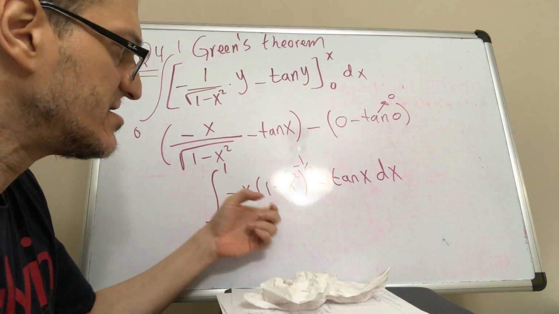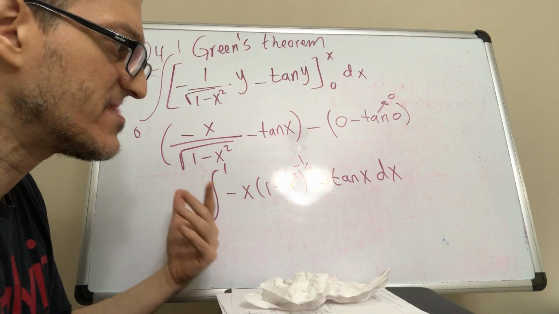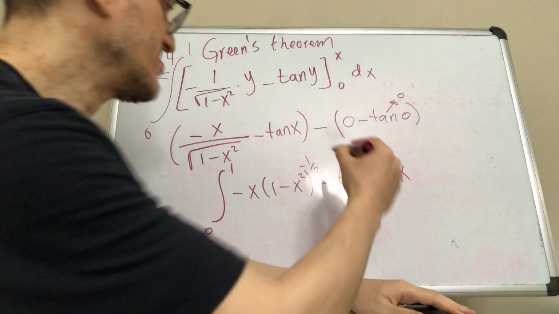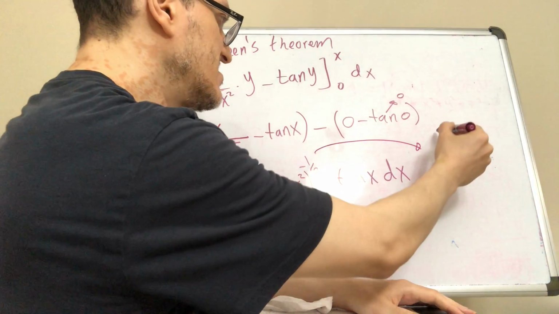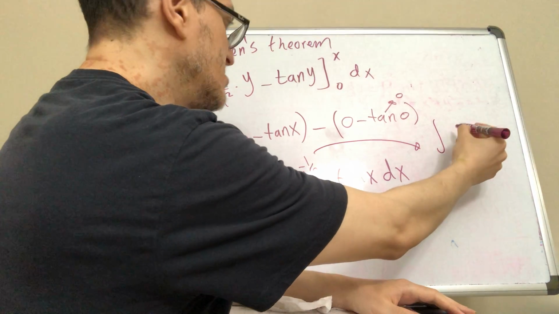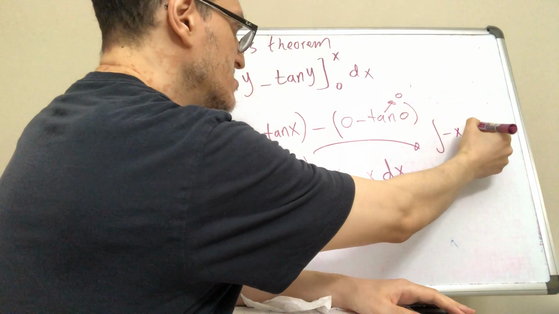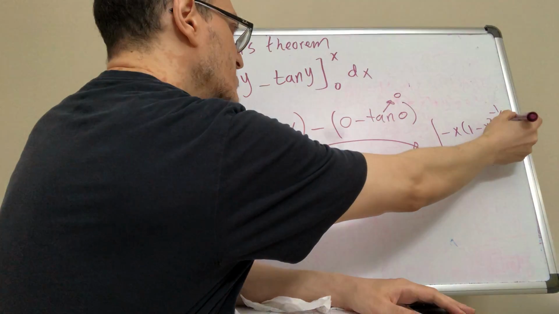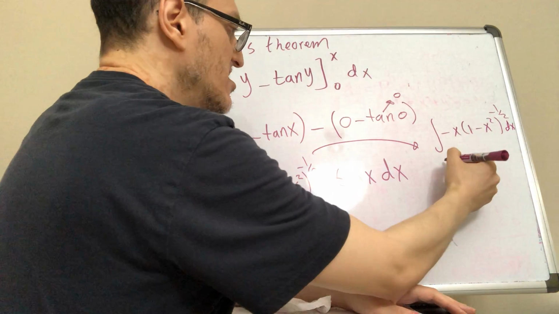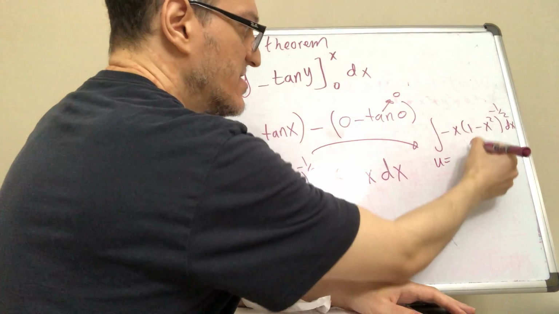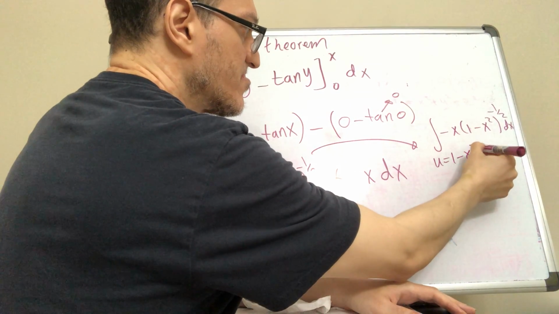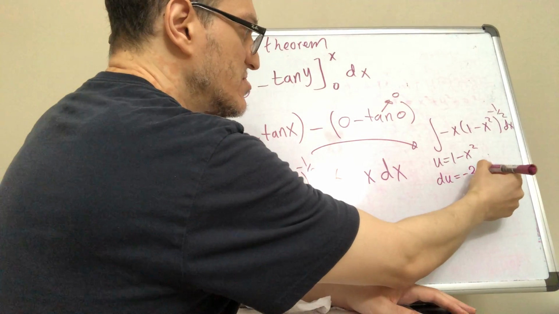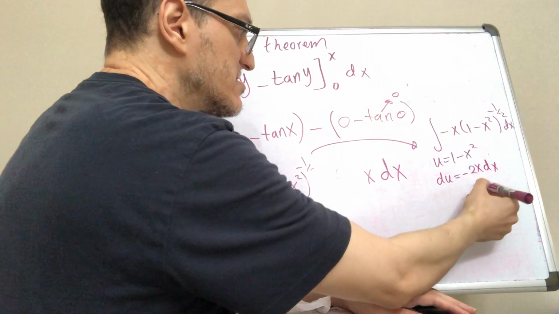This one here could be done by using u substitution. So I'm going to go here and say, let's integrate negative x times 1 minus x squared to the minus half dx. I'm going to let u be the inside. du would be minus 2x dx.